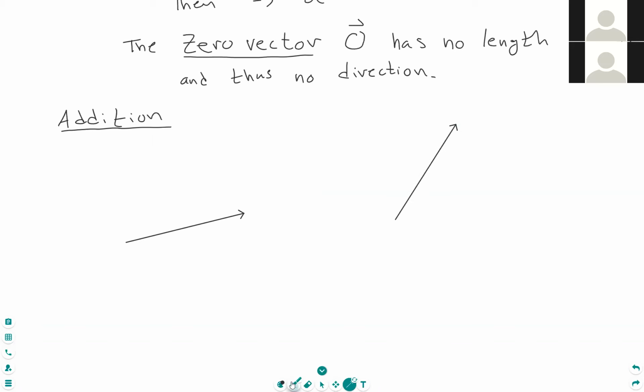We'll call this one over here our u, and this one over here our v vector. Then the idea of the addition between u and v is that, let's write it down here, u plus v will look like if I had taken this vector here, let's copy and paste it.